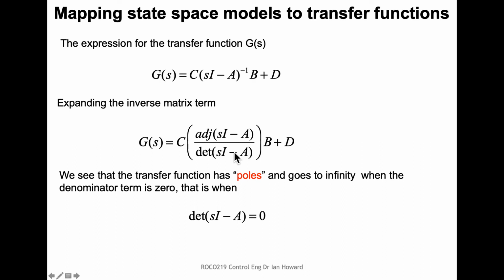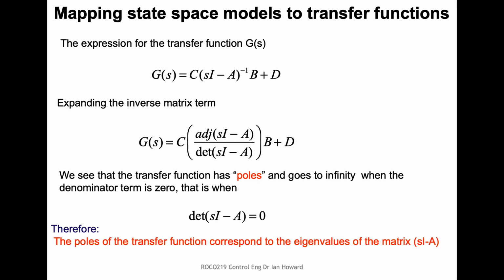So when the determinant of sI minus A equals 0, we get a pole. So therefore we see the poles of the transfer function correspond to the eigenvalues of the matrix A. And that's the relationship between eigenvalues and poles in a system.